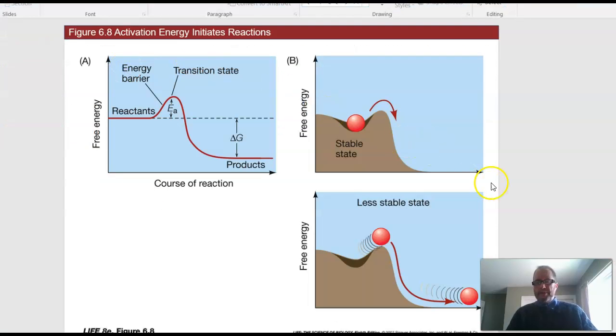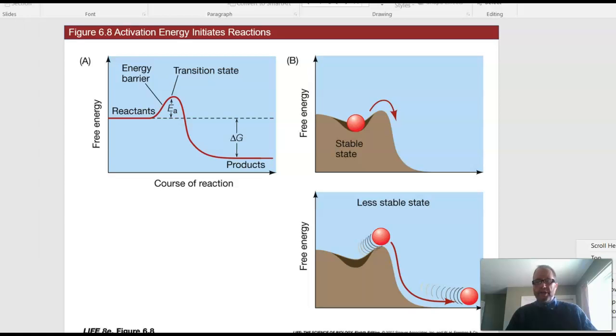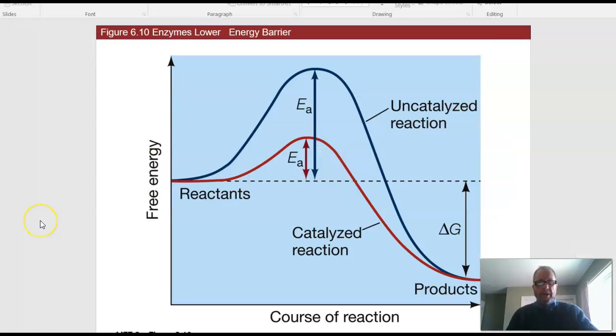So when that happens, the way that looks, if we do the energy profile, here we go. Because the enzyme or catalyst is holding on to that unstable transition state, instead of the unstable blue pathway, you have the more stable red pathway.